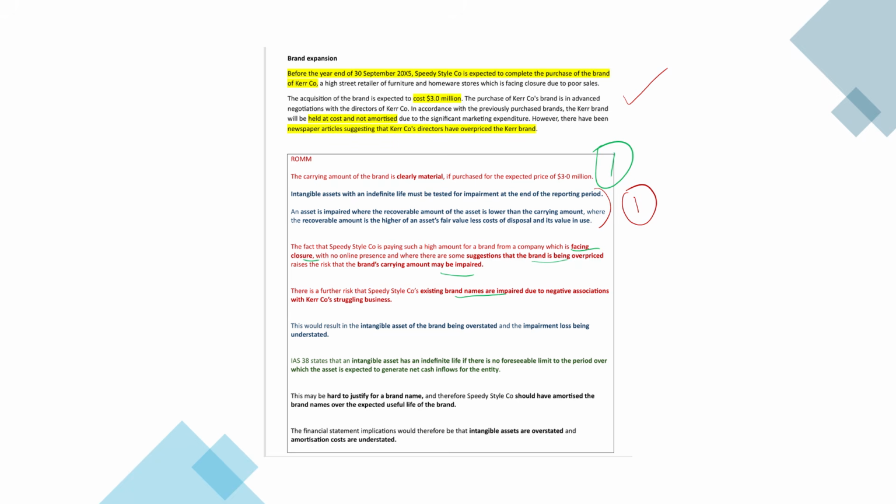So I'm not only talking about this 3 million, I'm talking about all the other intangible assets or brands which have been capitalized. So lots of technical and professional skills marks for my risk evaluation. And then my financial statement impact is intangible assets could be overstated and expenses or impairment loss could be understated.